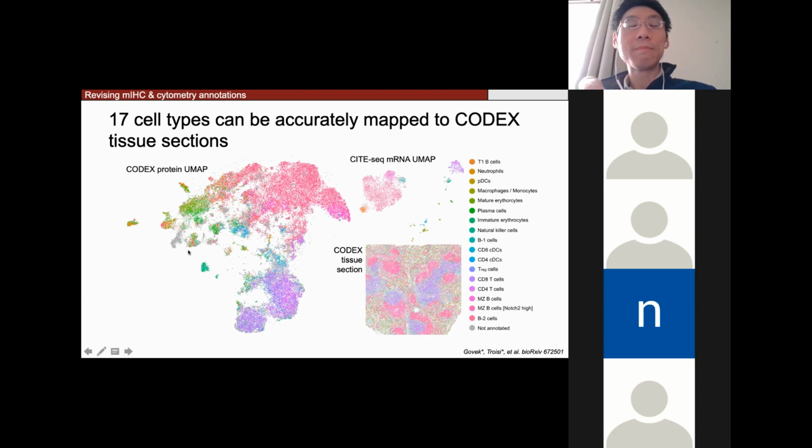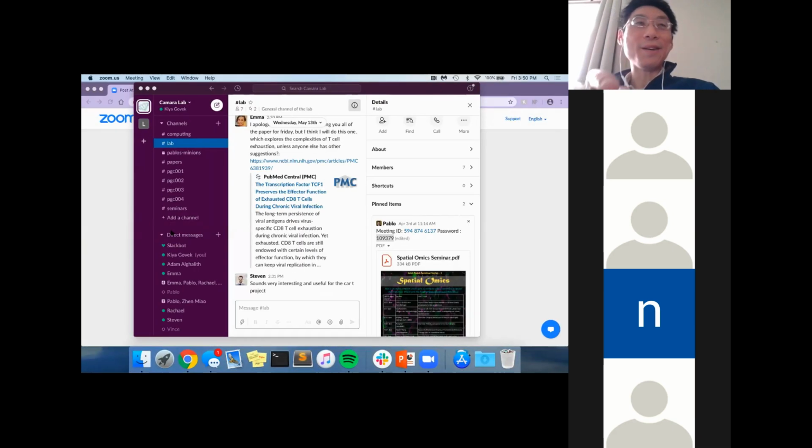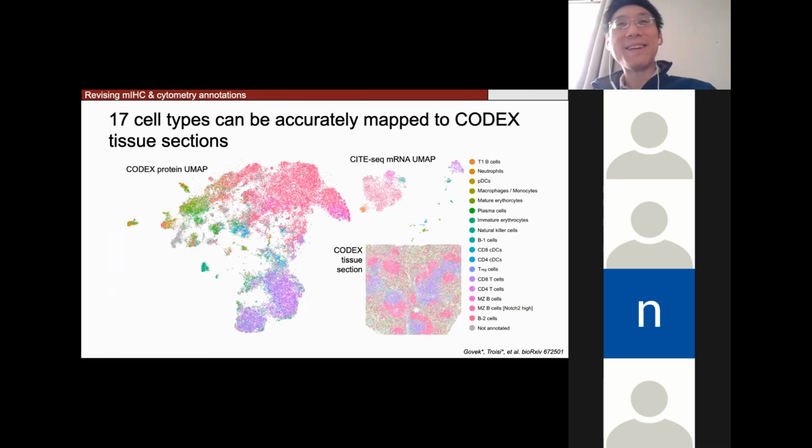We did pick out that there are entire regions of the Codex data set that we can't map just because we're missing those cells. Yeah, I agree. Sometimes you can't perfectly match the two different data sets, and that's actually a good thing. That means you can find something biologically interesting between the two data sets.